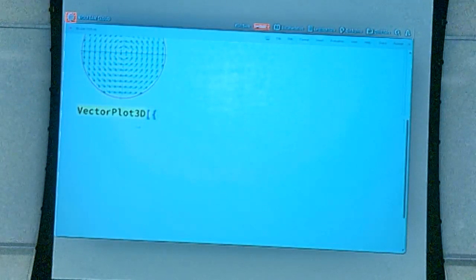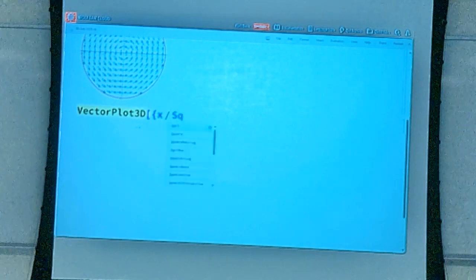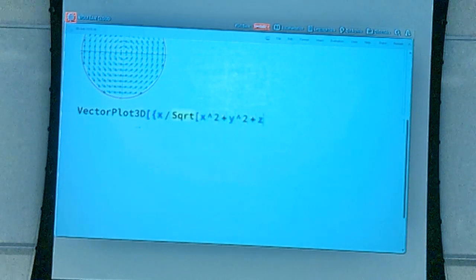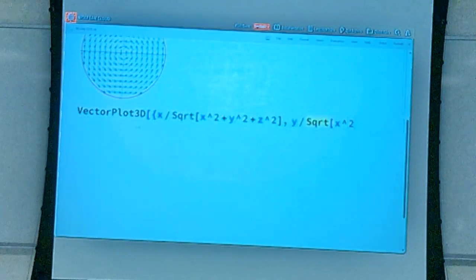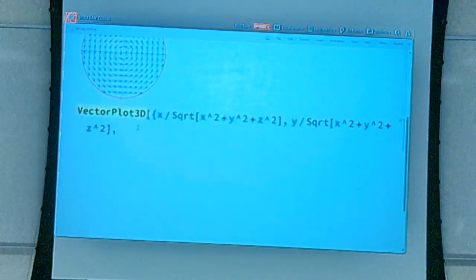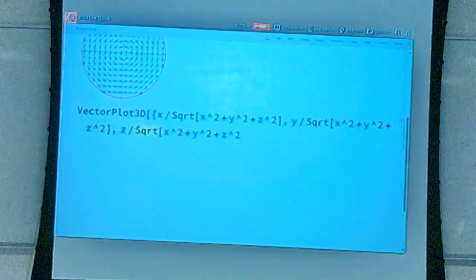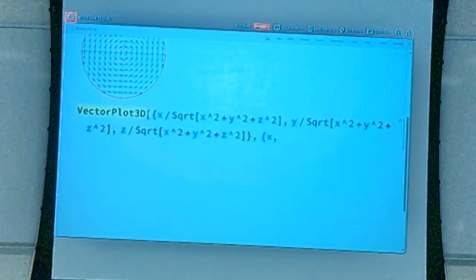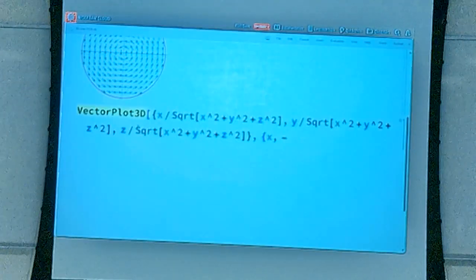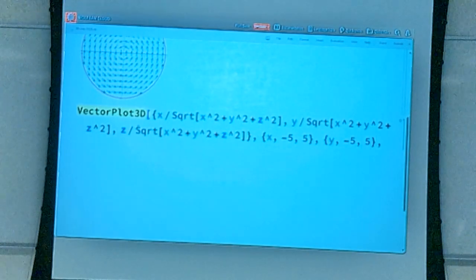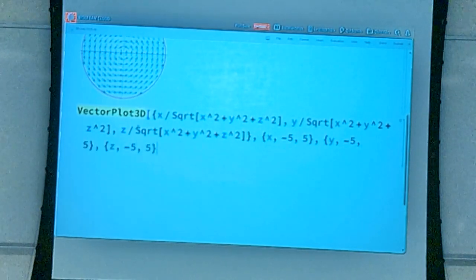You want to do each component, and then you need your x, y, and z ranges. What do you want to do, -5 and 5? That will be all you need, and this is what we'll get.